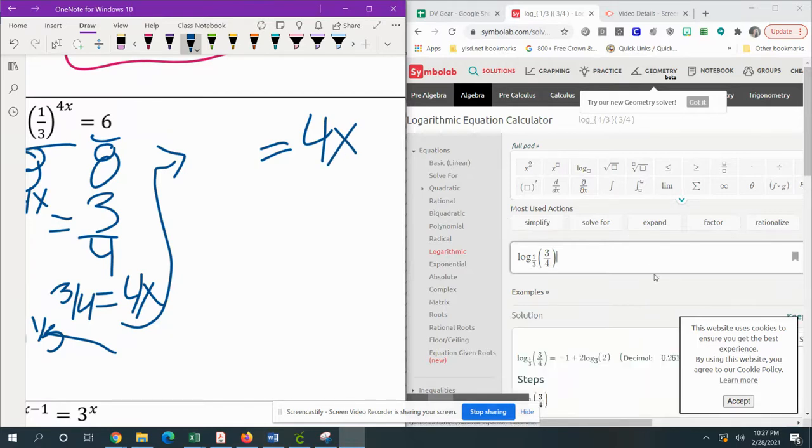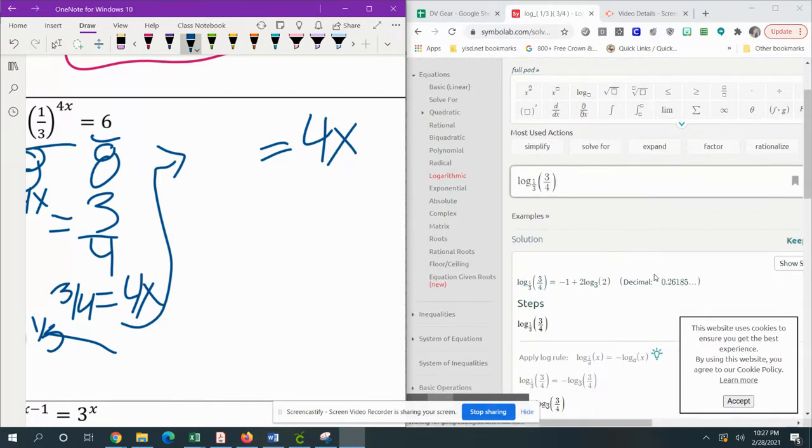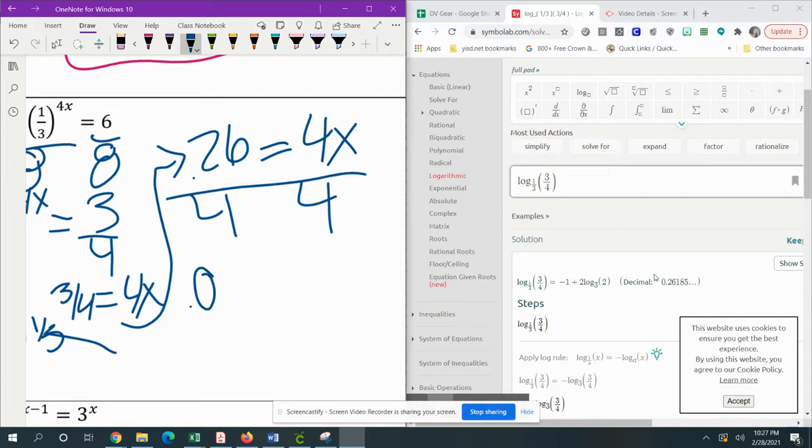As a decimal, it is 0.26, since we're rounding to 2 decimal places. Then our last step to solve for x is to divide by 4. This gives me 0.065, which would round to 0.07. And that's what's equal to x.